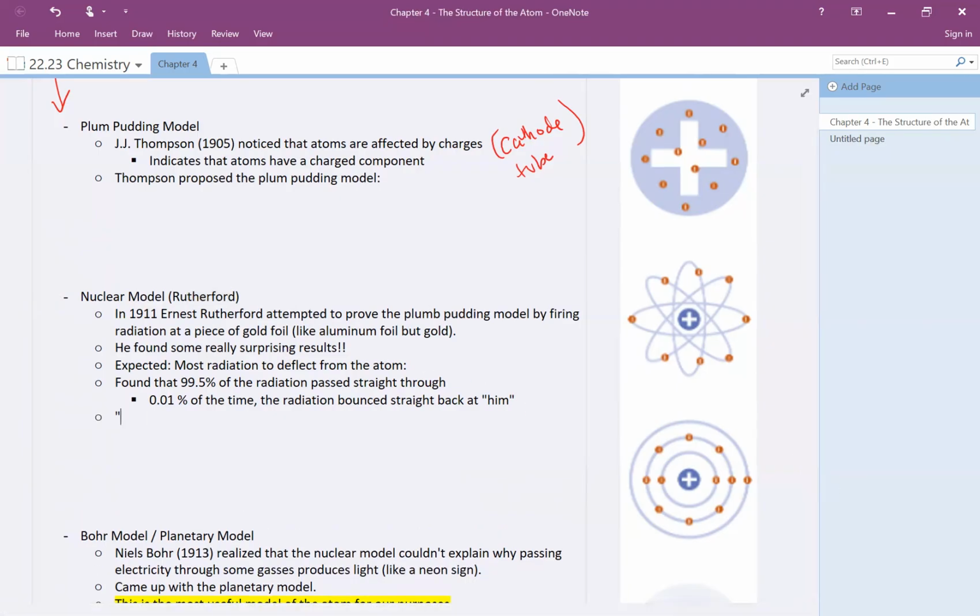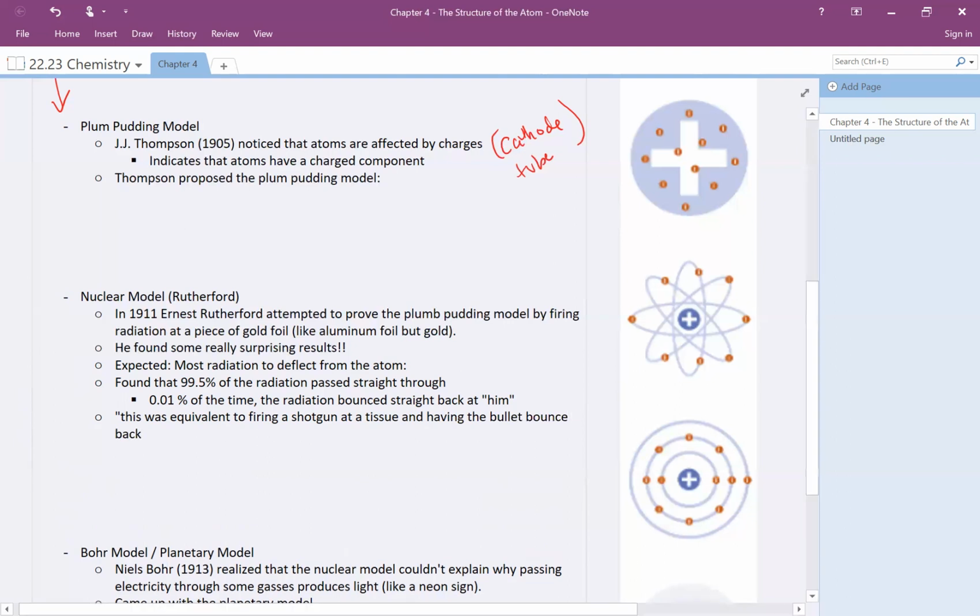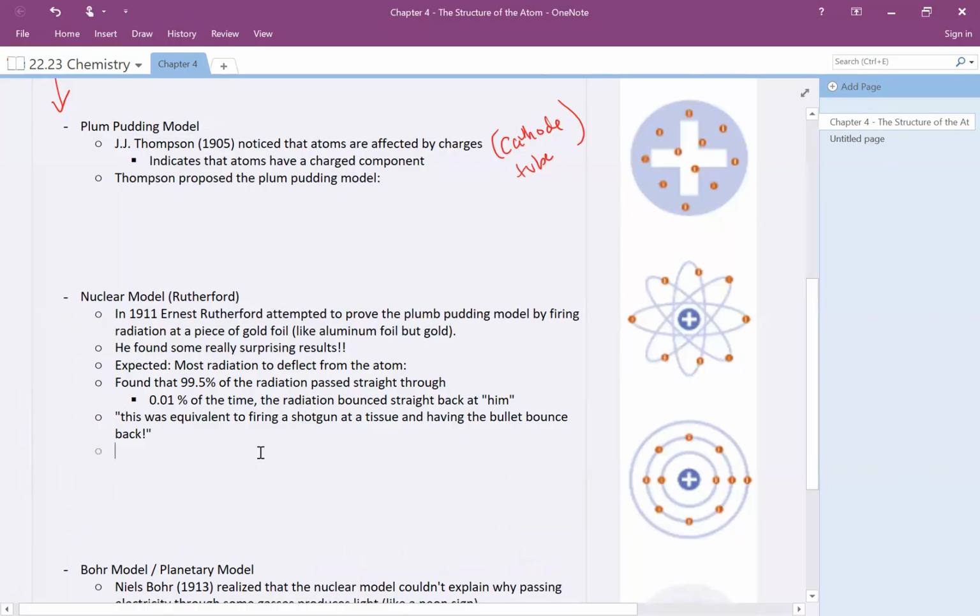Rutherford is quoted as saying, this was equivalent to firing a shotgun at a tissue and having the bullet bounce back, which imagine, hopefully that is a little more salient of an example to show you that there's something unexpected happening here. And Rutherford was able to conclude that, okay, if most of the radiation is passing straight through the atom and it's unaffected, then the atom must be mostly blank, mostly empty space.